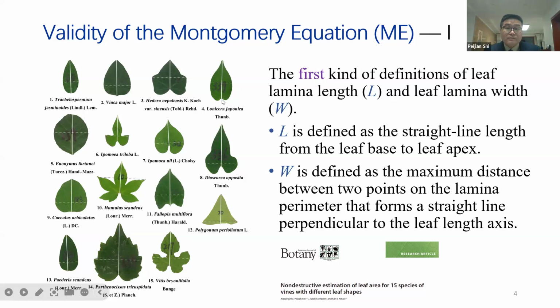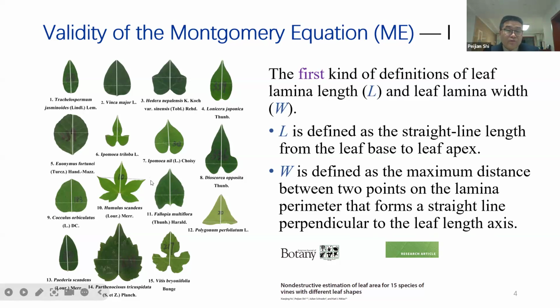Leaf length is defined as the straight line length from the leaf base to leaf apex. And leaf width is defined as the maximum distance between two points on the leaf edge that forms a straight line perpendicular to the leaf length axis.